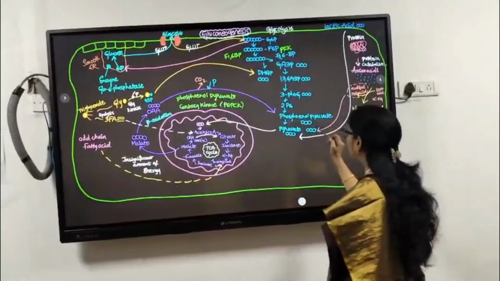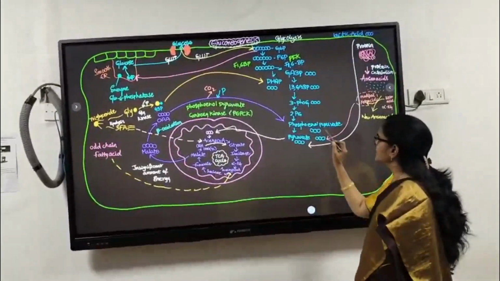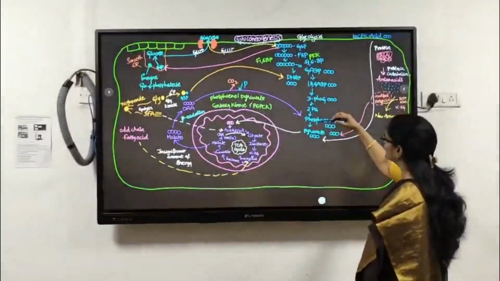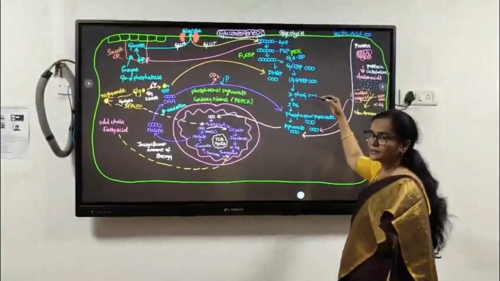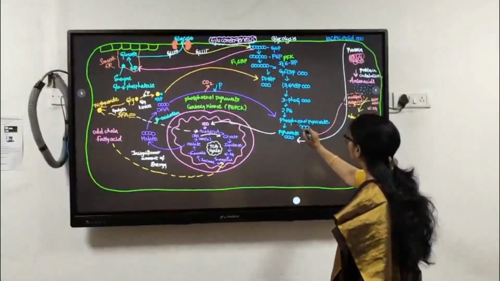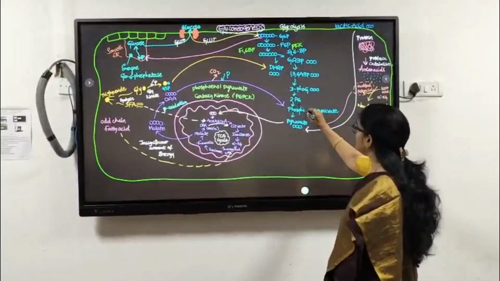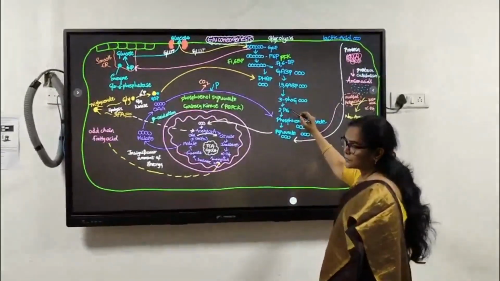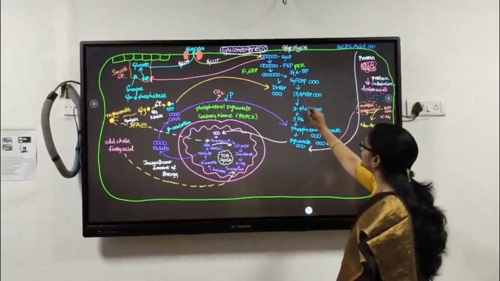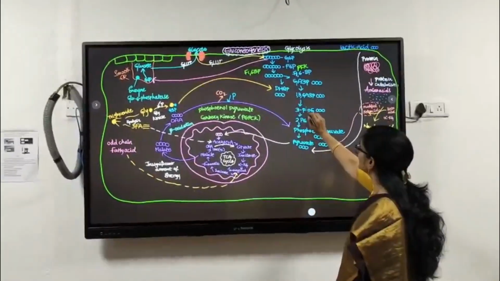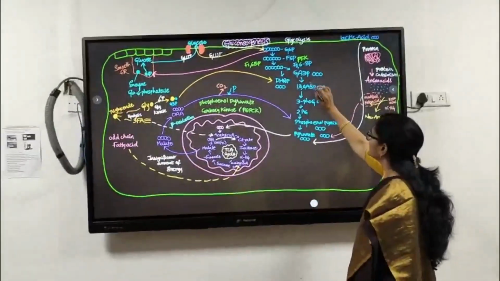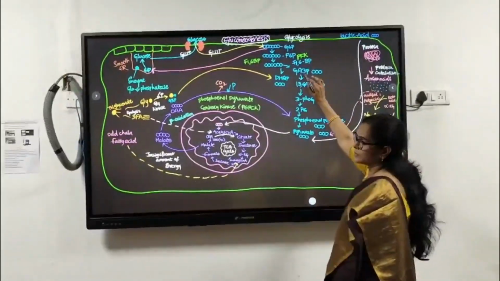Then after the formation of phosphoenol pyruvate in the cytoplasm, it again goes back and takes the reversal of glycolysis reactions. Phosphoenol pyruvate gets converted to 2-phosphoglycerate and then 3-phosphoglycerate, then 1,3-bisphosphoglycerate, then glyceraldehyde 3-phosphate.